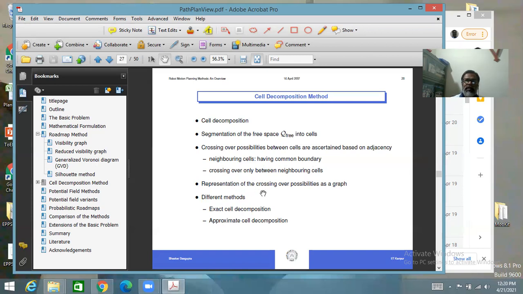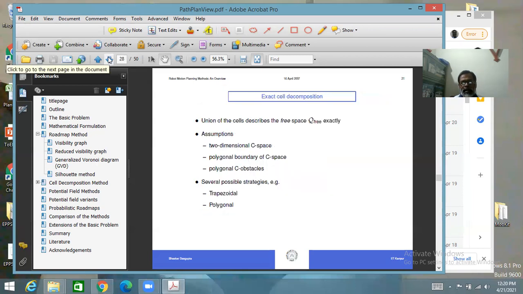Now these crossing over possibilities have to be represented in the graph as edges, and based on the way you decompose the region Q free into cells, you can have different kinds of cell decomposition techniques. One is exact cell decomposition and the other is approximate cell decomposition. Now, exact cell decomposition is actually quite limited in its scope.